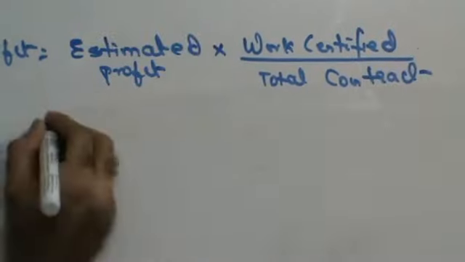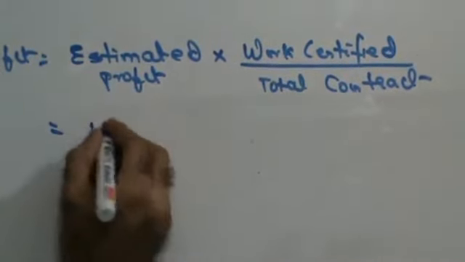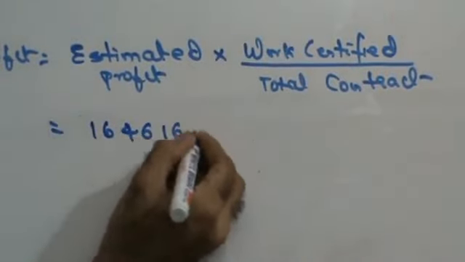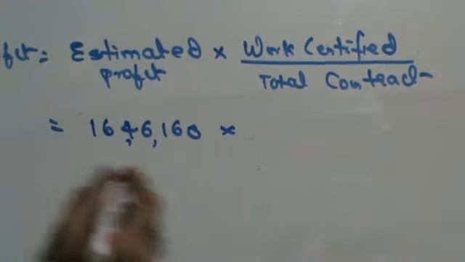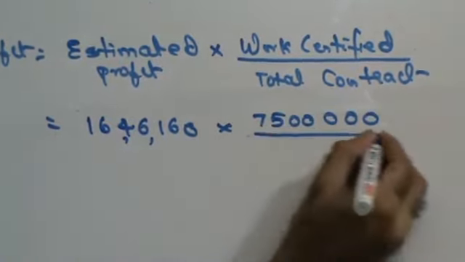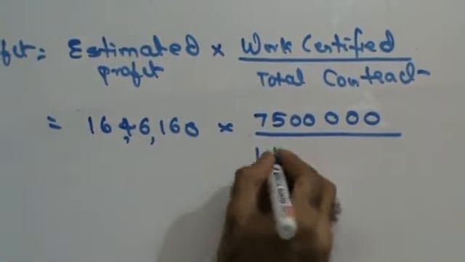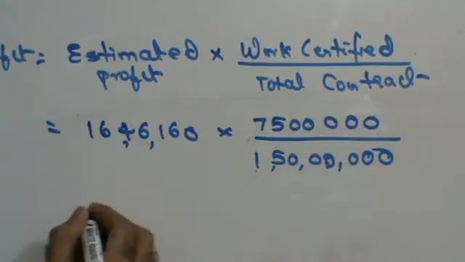Bears means divide. Okay. Now estimated profit is 16,46,160. Work certified in my contract account is 75 lakhs. Total contract price was 1 crore 50 lakhs. Divide first, otherwise your calculation will show an error.